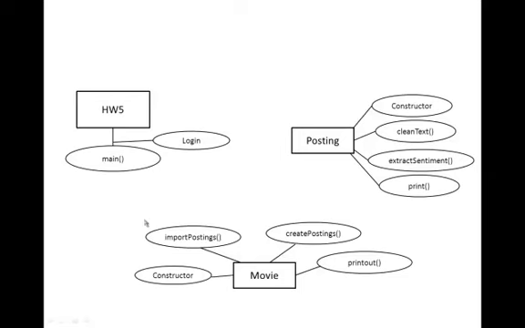Now this is a brief description of the import postings and create postings methods. The job of import postings is to import the postings from an external file, and then call create posting that will create a posting object for each of those postings.